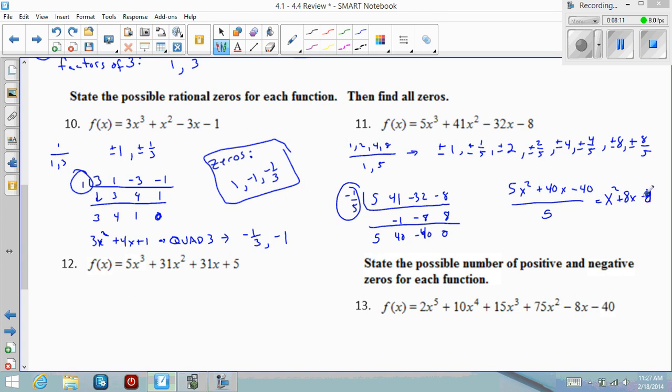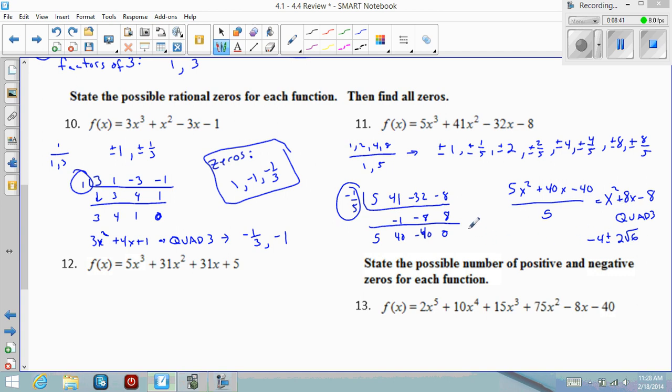And that's going to make this easier to manage when we're either doing quadratic formula or using quad 3. So again, you could use quad 3, and what you will get from quad 3 is -4 plus or minus 2 times the square root of 6. And that is what you will get also by using the quadratic formula.